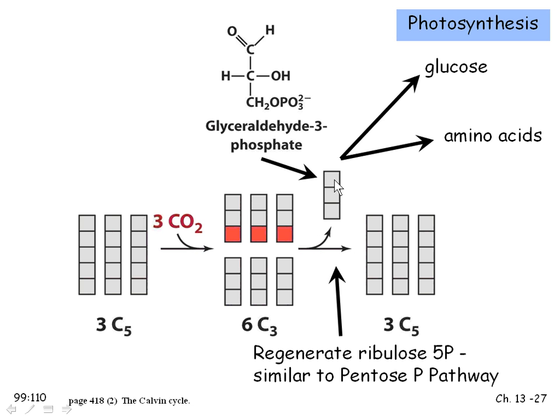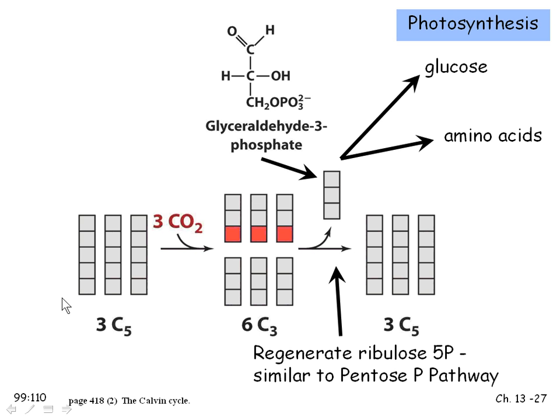Okay. So there's going to be a series of reactions that allow us to rearrange the carbon backbones, both to regenerate 5 carbon backbones, so that Rubisco has substrate again, and to be drawn off to make glucose and amino acids.